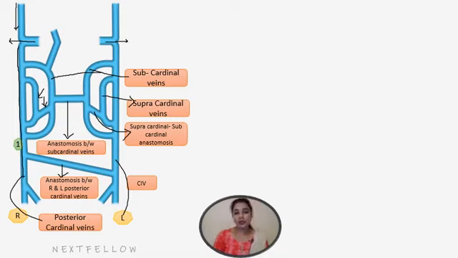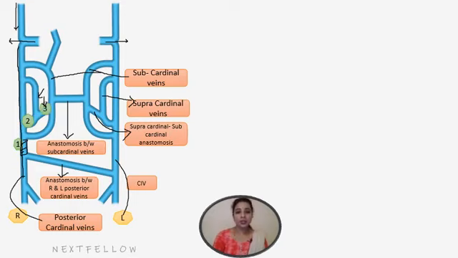For the inferior vena cava, the first source, number 1 written here, is the right posterior cardinal vein or sacrocardinal vein. We know this is the right posterior cardinal vein, so a little part is from here. Now the second part is from the supracardinal vein. We know this one is the supracardinal vein.